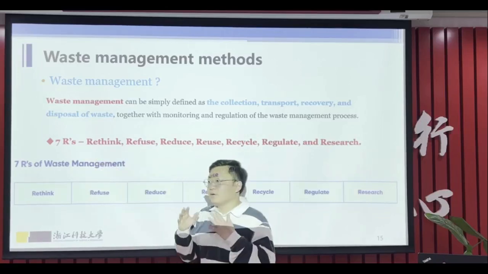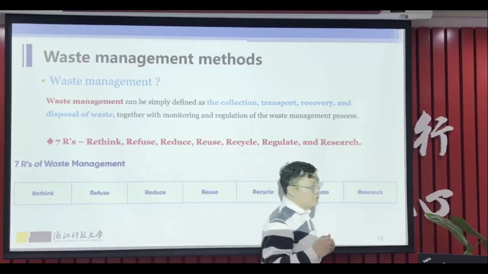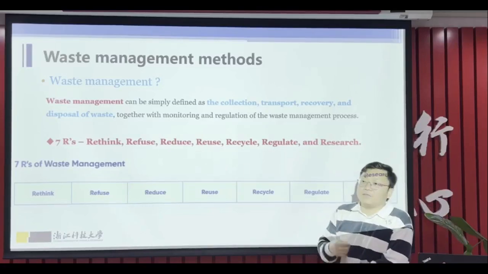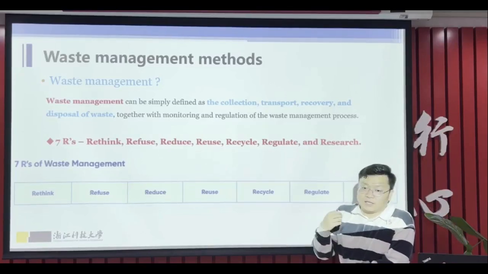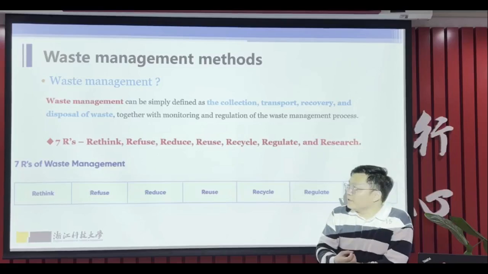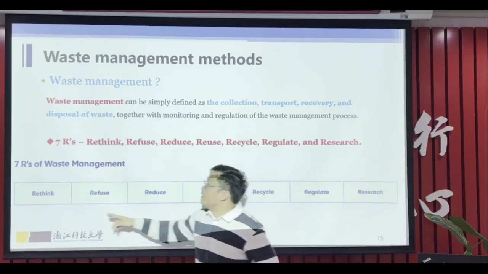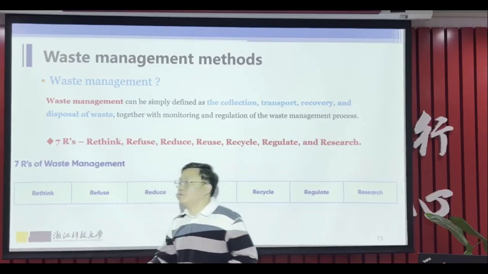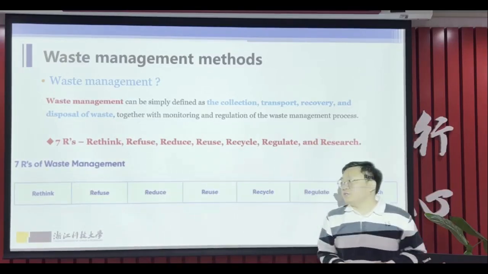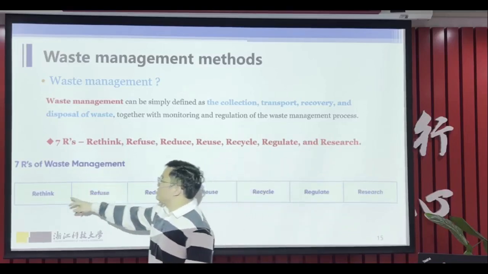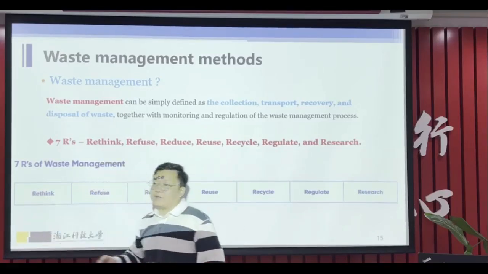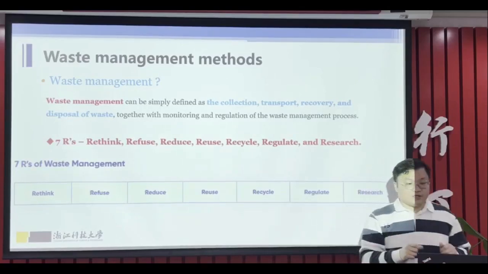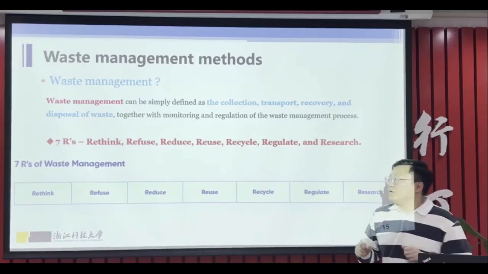Rethink means before we produce municipal solid waste, we should think whether it can be reused or used again. So by rethinking, we can decrease the amount of municipal solid waste generated. Rethinking about the items, whether it should be or cannot be a solid waste.